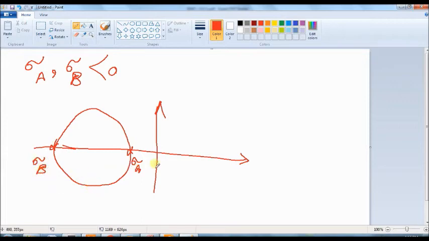So let me draw this Mohr circle, maybe something like this. Sigma A and sigma B. Okay, in this case, before that, let me draw the third. So in this case, we have one circle here, and another circle like this.